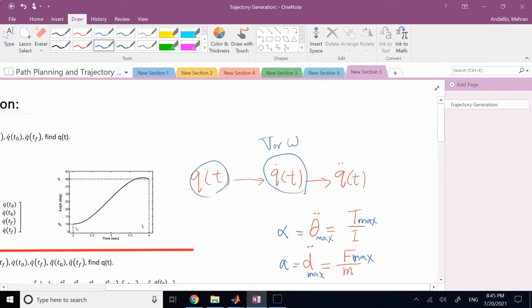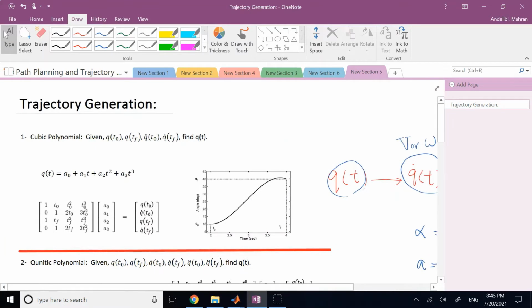For example, let's say I want to go from my initial Q value, and let's say t0 is 0, and tf is 2 seconds. I want to go from initial Q of 0 radians to final Q of, let's say, 400 radians.